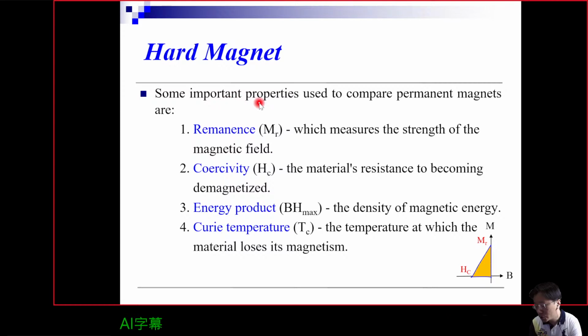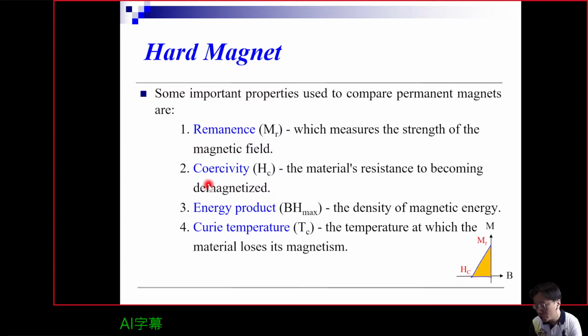Some important properties used to compare permanent magnets are these four features. The first one is remanence MR, which measures the strength of the magnetic field. MR is located here.